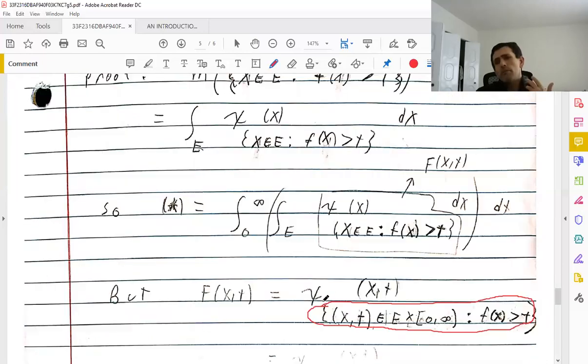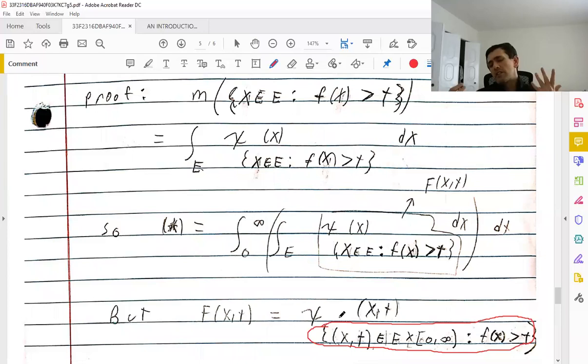Okay, and same proof as in the proof for Lebesgue measure and integration on the real line. That means this characteristic function is measurable. It's actually the case that the characteristic function is measurable if and only if the underlying set is measurable. Okay, so we have a non-negative 0, 1 simple function. So we have a non-negative measurable function.